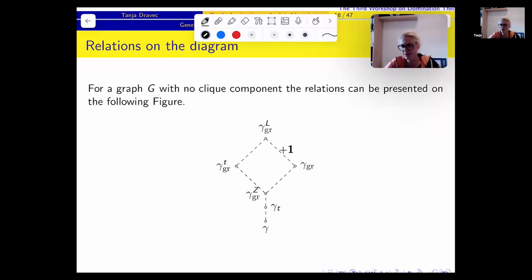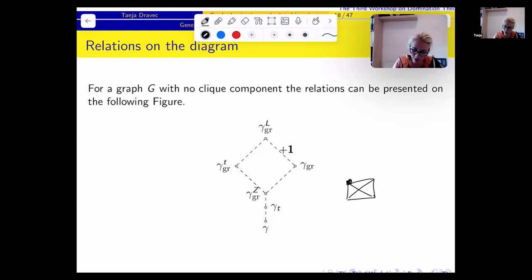So if we consider connected graphs, then complete graphs are the only exception, where total domination number is larger than Z Grundy domination number, because Z Grundy domination number is 1. But if we have a connected graph different from a complete graph, then Z Grundy domination number is at least as large as total domination number.